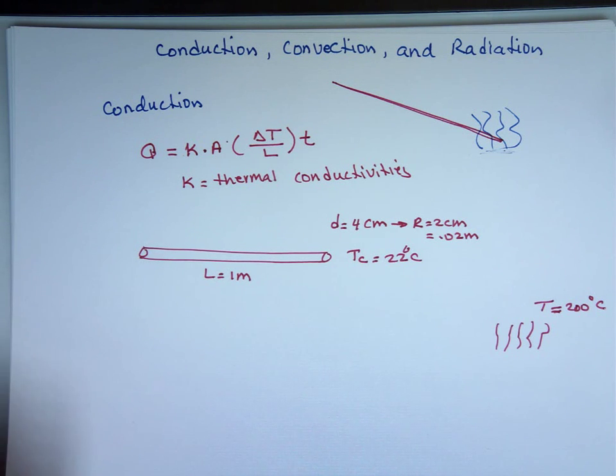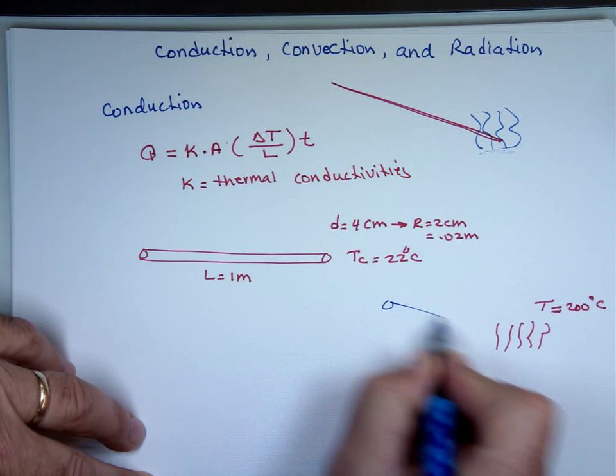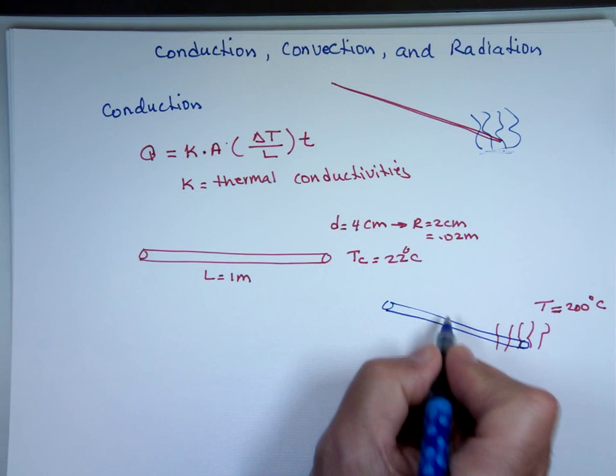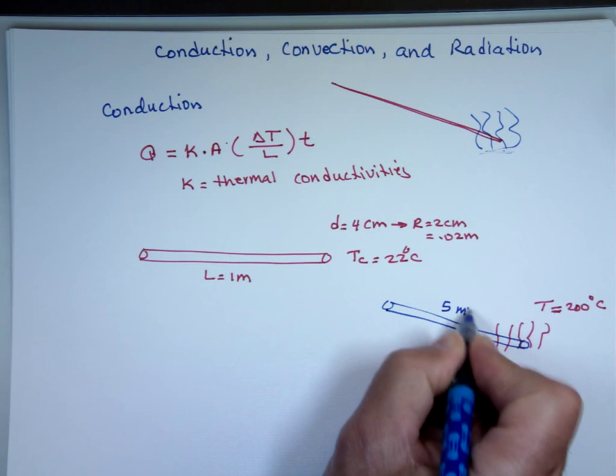I take the rod and put it into the fire and let it sit for a few minutes. How long do you want to put it there? 5 minutes? Let it sit there.